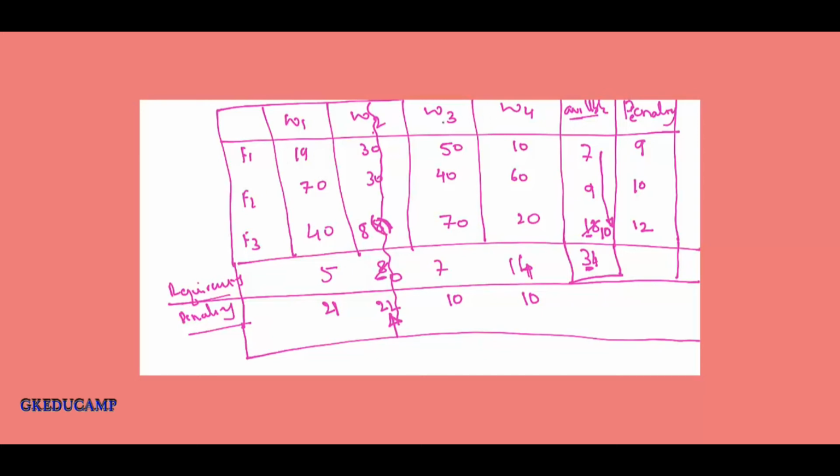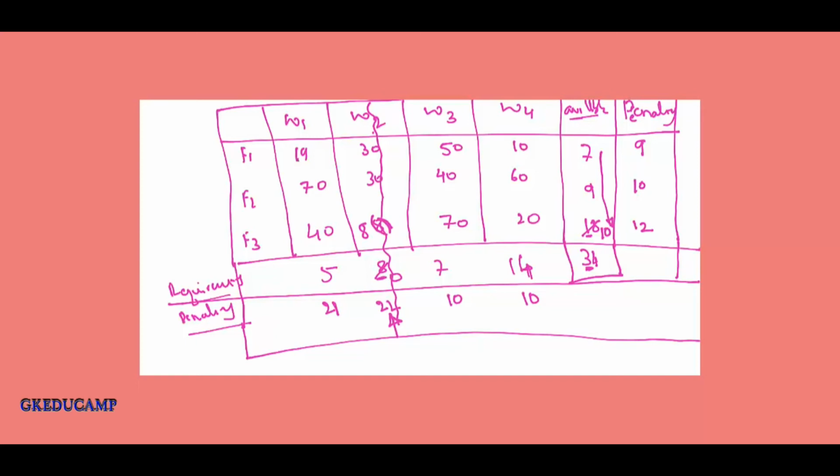Next we have W1, W3, W4, and again we have to find out the penalties. Now you have the first, third and fourth columns and three rows.